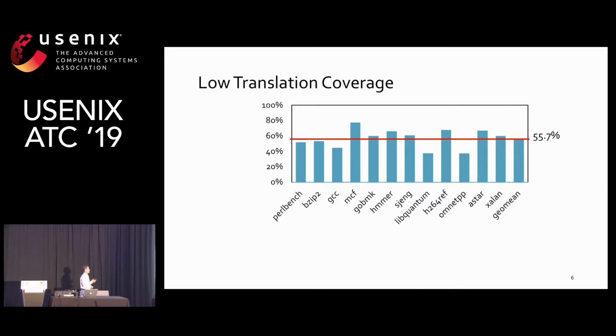For those guest instructions that cannot be covered by the learned translation rules, we still need to go through the original IR-based approach to translate them. As shown in this figure, we can only achieve 55% coverage. That means for almost half of the guest instructions, we cannot use the learned translation rules to translate them.